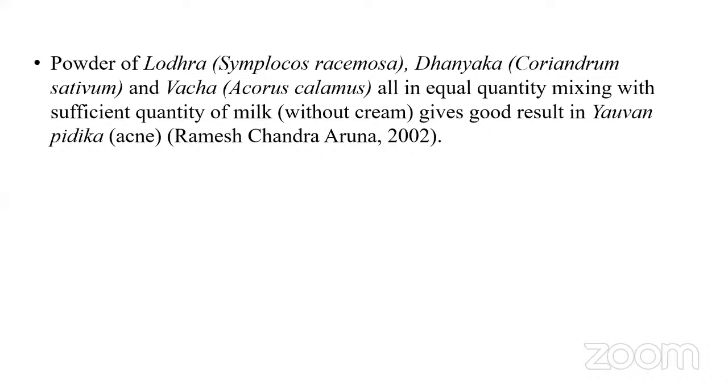We can take that as the base and mix in whatever ingredients are available. If nothing is available, we can use Triphala, Dhania, at least that will be available in your place. Jayafal, nutmeg, is available in almost every kitchen. We can mix all the powders and prepare a face pack that will be very good to remove pimples and also to have glow.